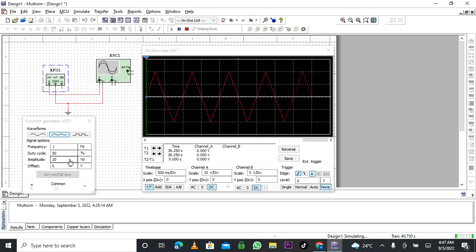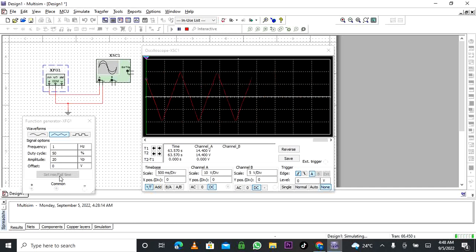And then, so I'm going to stop the simulation now. In terms of rise and fall time, so the set rise fall time button. Rise and fall time is, let me just get a square wave back. We'll go ahead and pause it.